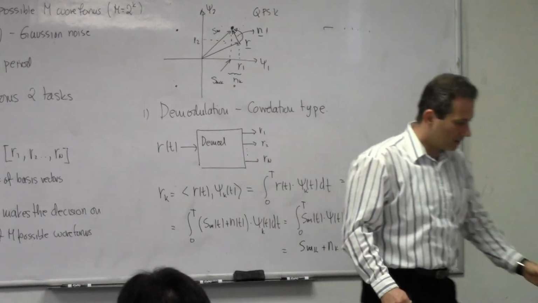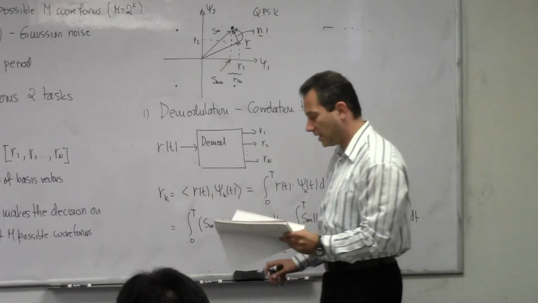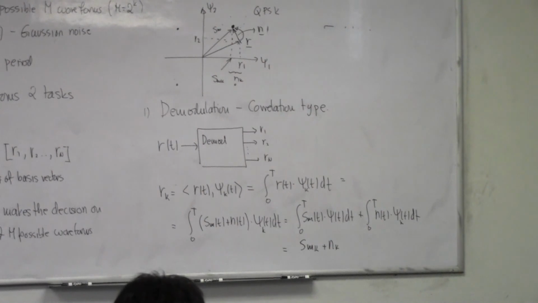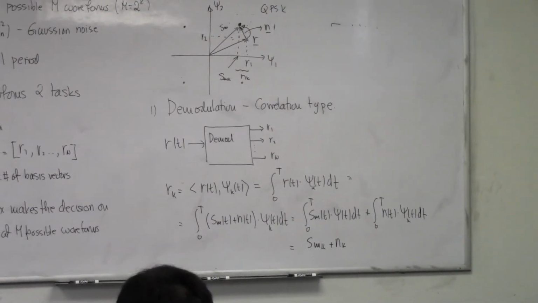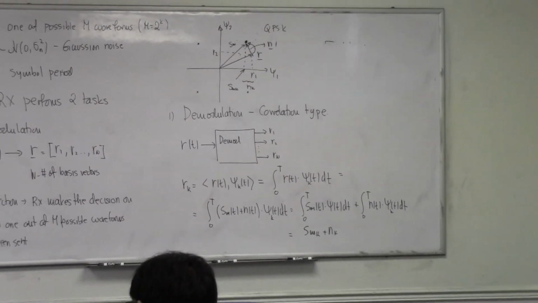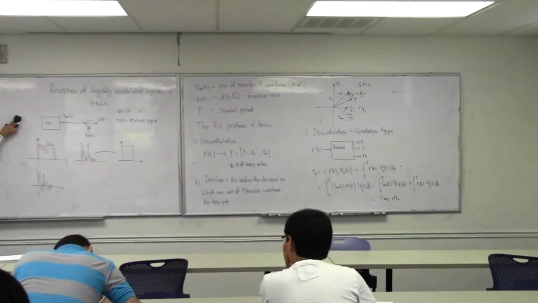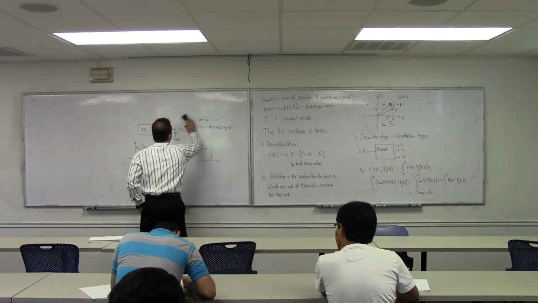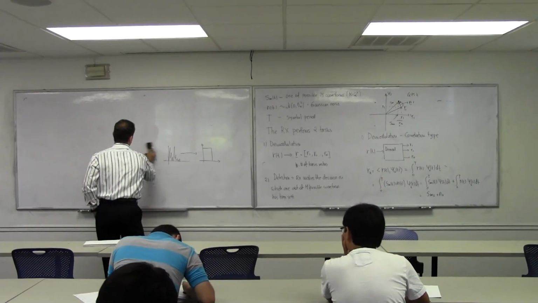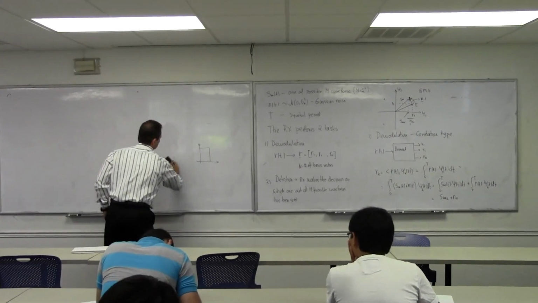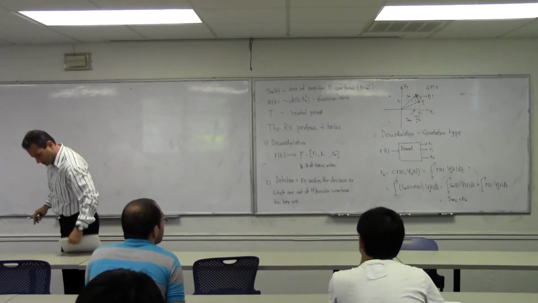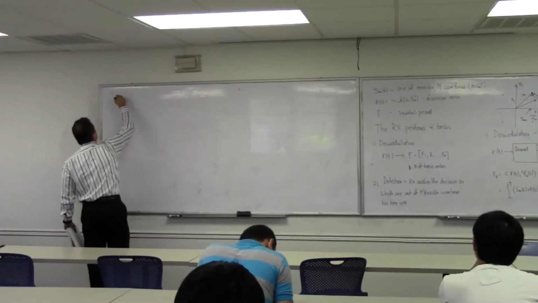So if you look at the correlation receiver, it's actually a very, very simple structure. Let me just draw it. So, the correlation receiver.